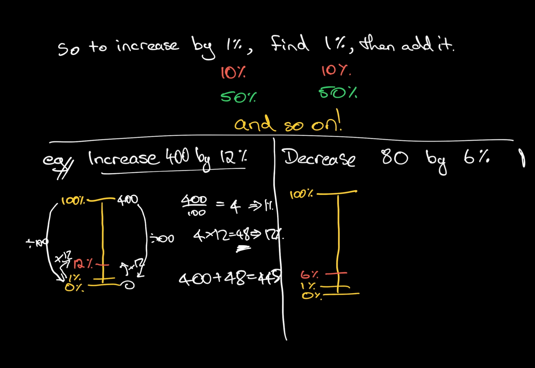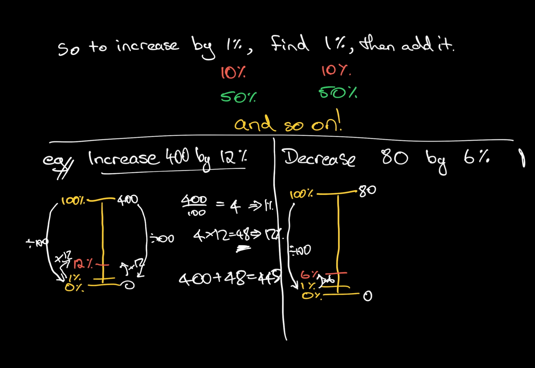So again, we're going to use our dual scale number line. Our total is 80, so that's 100%. 0% of course is 0. To get to 1% of 80, looking at the percentage side of the number line, we need to divide by 100 to get down to 1%, and then we need to multiply by 6 to get our 6%.